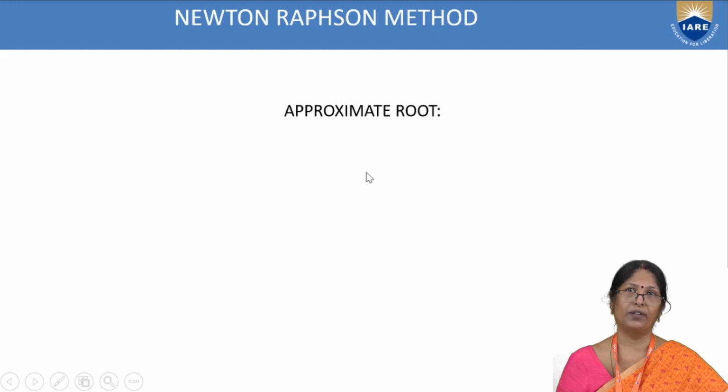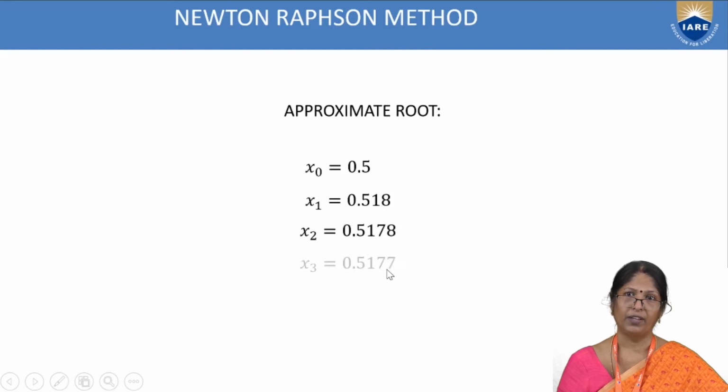Today we discussed one of the numerical methods, the Newton-Raphson method, otherwise called the method of tangents. Using it, we solved our equation, f of x equal to x e power x minus cos x. This is our transcendental equation because exponential and trigonometric terms are there. Now x naught is 0.5, x1 we got 0.518, x2 0.5178, x3 0.51777.